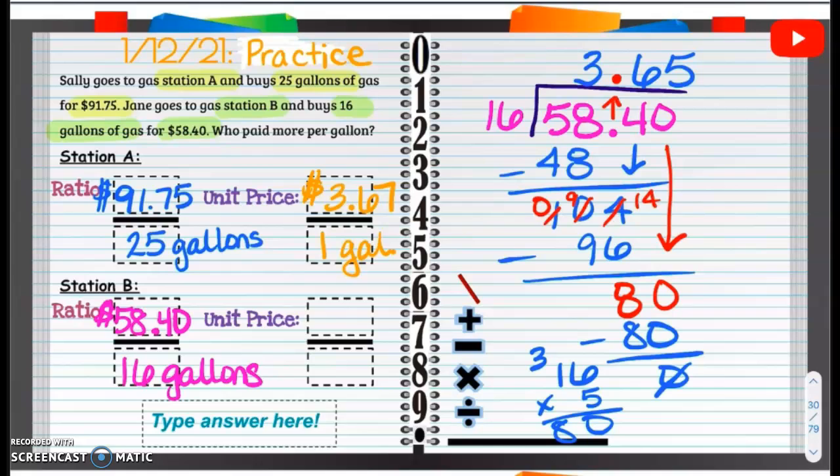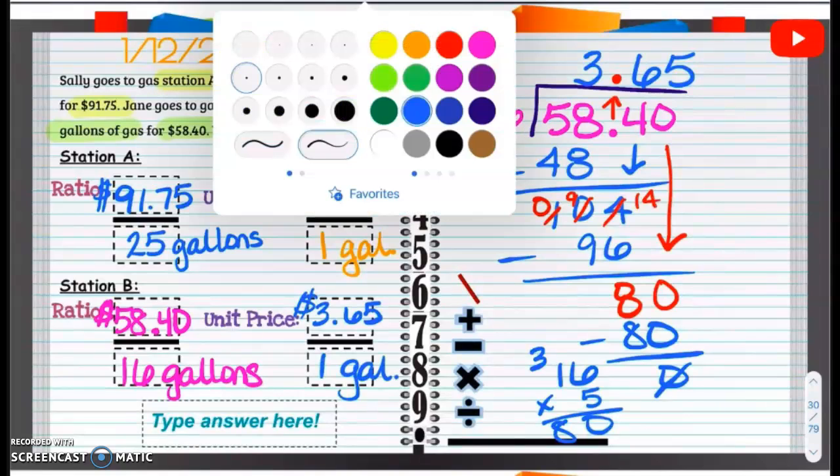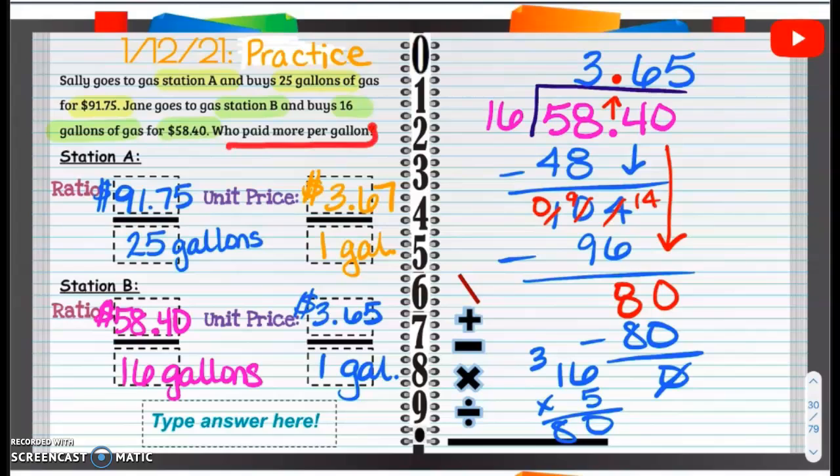So $3.65 for 1 gallon of gas. Now our question says, who paid more per gallon? So who paid more? Station A for Sally or station B for Jane? $3.67 versus $3.65.